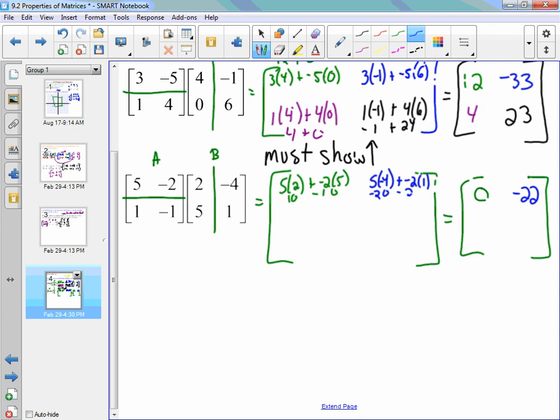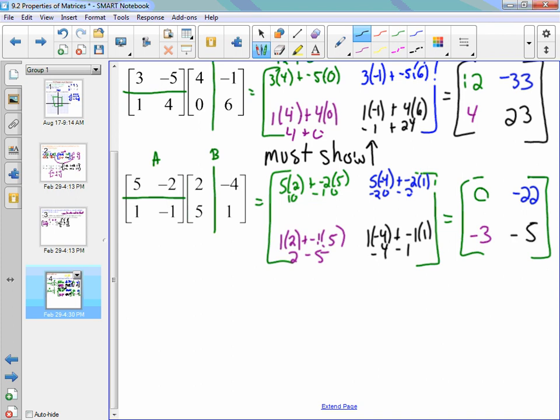You do need to be very careful of signs. It is very easy to make a mistake on these. Row 2 by column 1: 1 times 2 plus negative 1 times 5, so we get 2 minus 5, we get negative 3. And lastly, we have 1 times negative 4 plus negative 1 times 1.